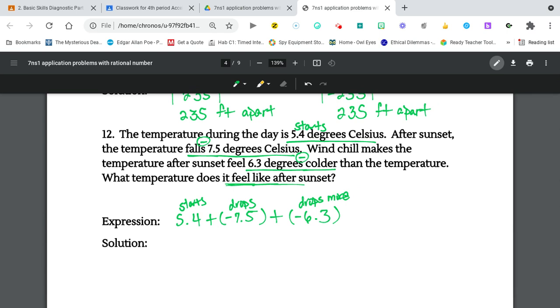All right, so you could have also written it like this: 5 4/10 minus 7 5/10 minus 6 3/10. It's still where it starts. It's still a drop and still, well, it feels like it's another drop. So I'm going to add up how much it's dropped in all.